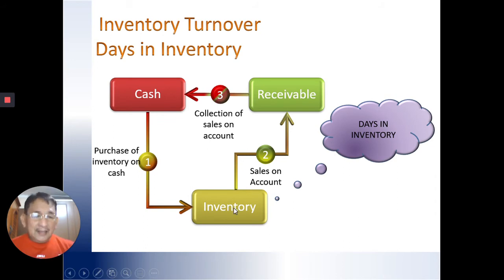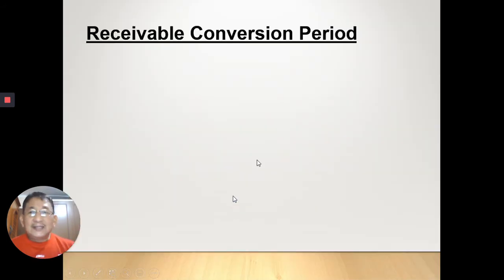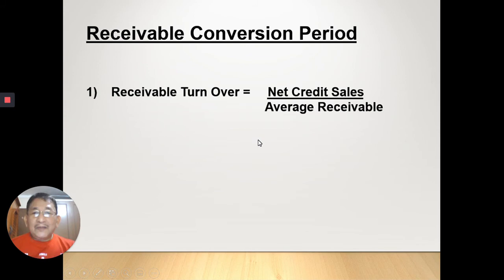Okay, this one. Next one is the receivable turnover. Gano'ng katagal bago mo makolekta yung receivable mo. Okay, ang formula is net credit sales. Pansinin mo, net credit sales. If the total sales is composed of cash sales and net credit sales, computein mo kung magkano lang yung net credit sales.